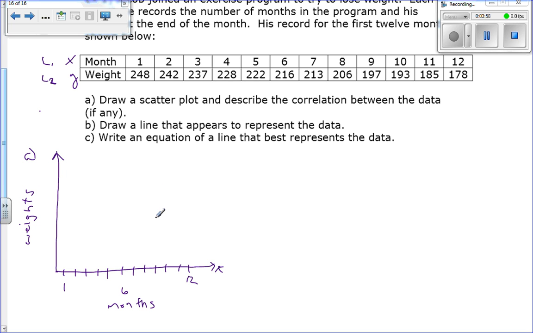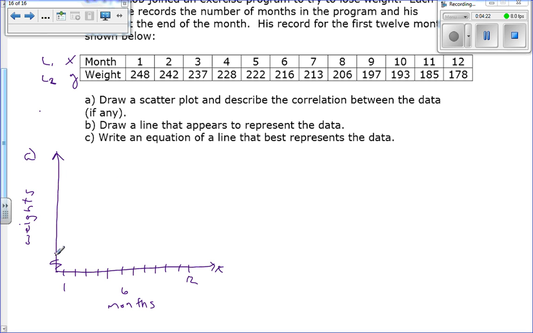His weight ranges anywhere from 170 pounds all the way up to about 250 pounds. Well, we can't list from 0 to 250. So I don't know if you remember doing this with your graphs, the histograms in 2nd and 9th grade, but you need to have a break in the data before you start.